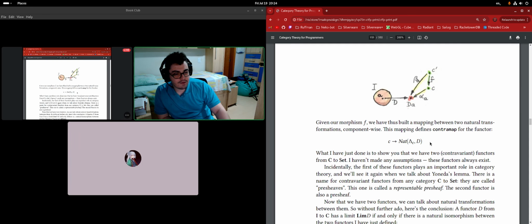This mapping defines a contramap for the functor. So this is basically mapping an object to a cone, which is a natural transformation. What I have just done is to show that we have two contravariant functors from C to Set.